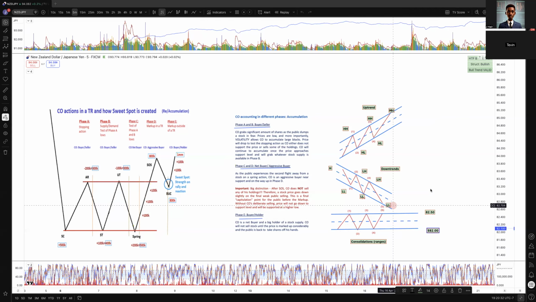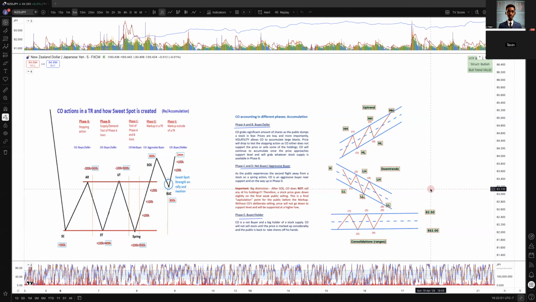Okay. So as prices move in any of these conditions, we have to sit and think what causes a market to move in a bullish manner or a bearish manner or just sideways.